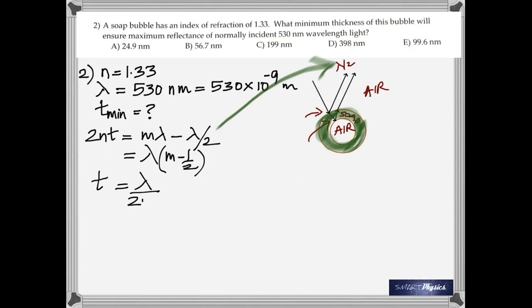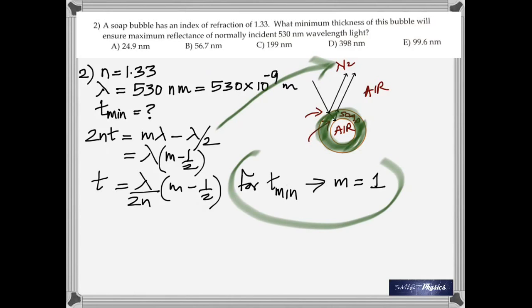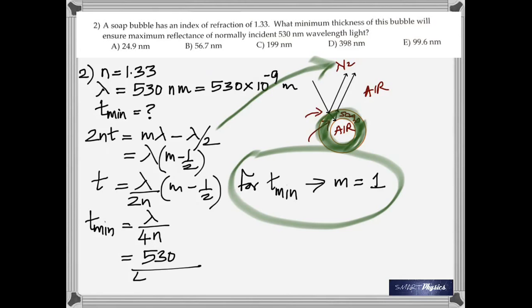So from here we can calculate the thickness. Just rearrange the terms. And if it says minimum thickness, then you got to put the lowest value of m, which is 1. And so minimum thickness would be lambda by 4n, because when you put this as 1, you're going to get half here, and so you have 2 times 2 is 4.